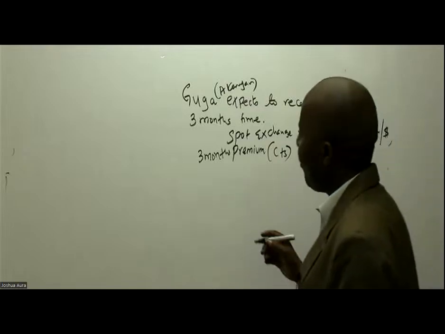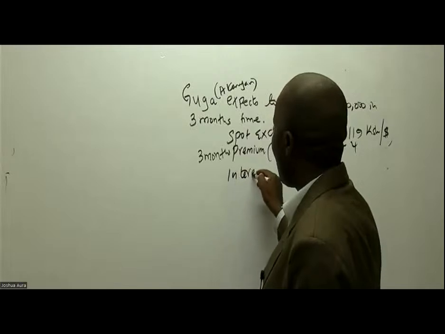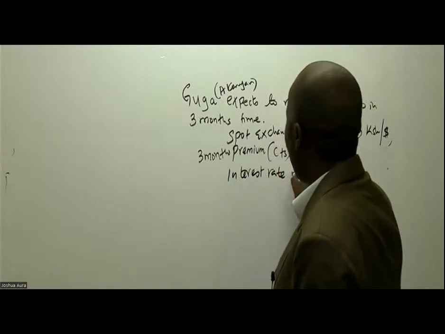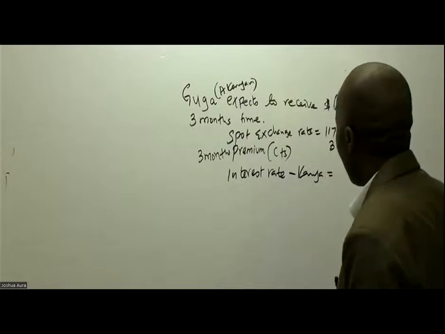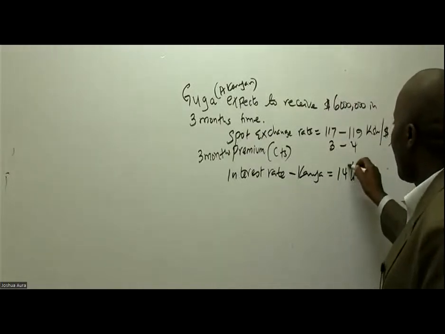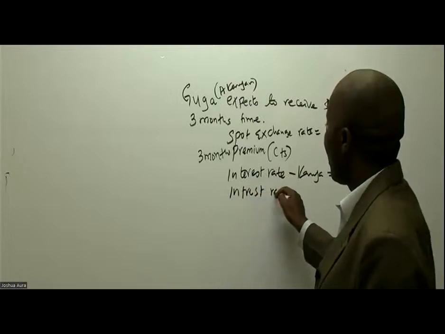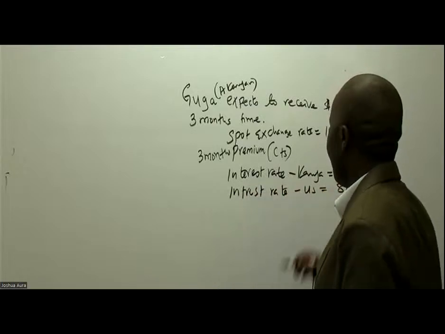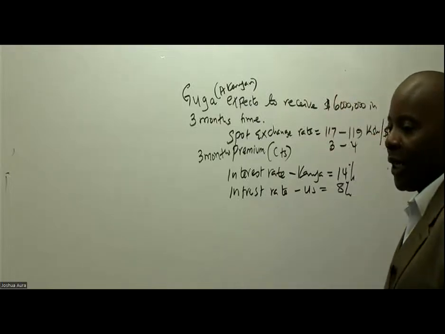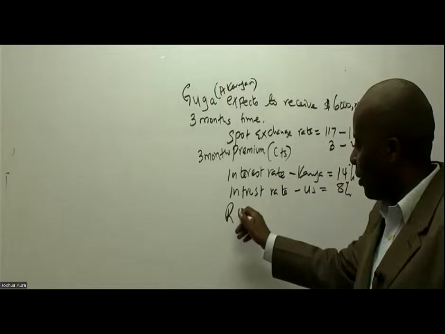Then they'll give you something simple. Interest rate, Kenya equals 14%. Interest rate, US equals 8%. All right. And then you'll be required to do something very simple.